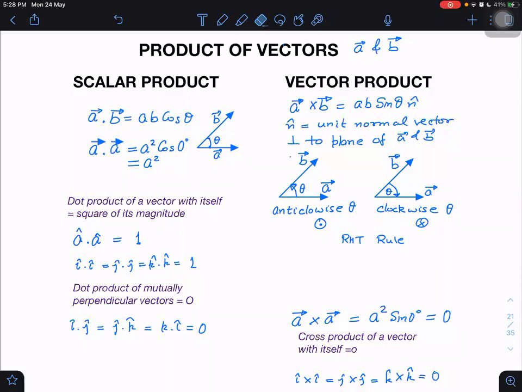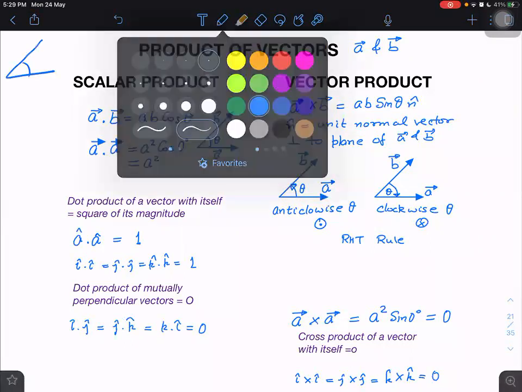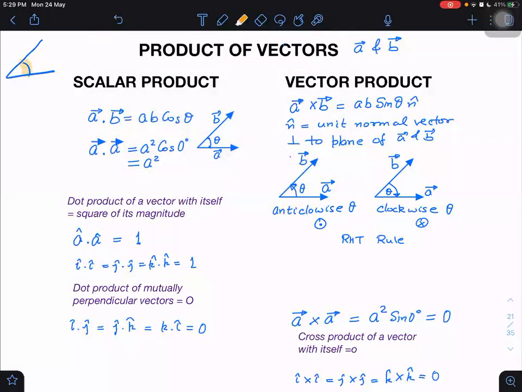Both cannot be chosen. So how to remember? There is a very simple way to remember. If I have to take vector A cross B, first A and then B, then do one thing. This angle which we draw, how do we normally draw angles? Normally, if I have to draw the angle, I will draw it like this, without any arrow, just the angle sign.